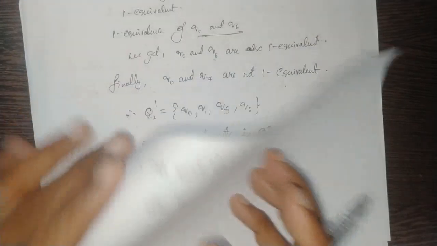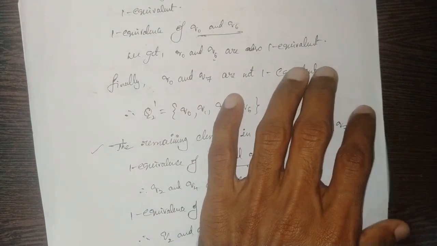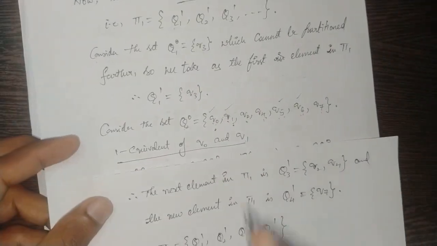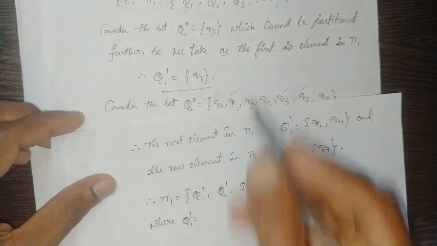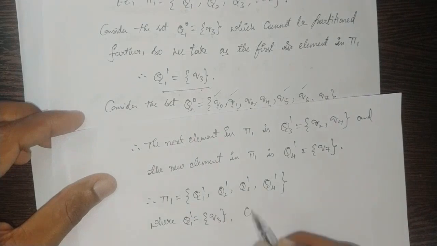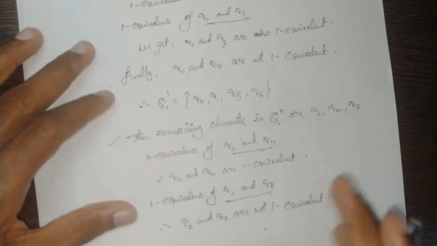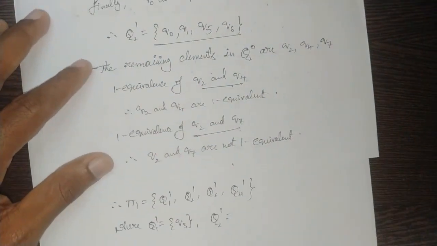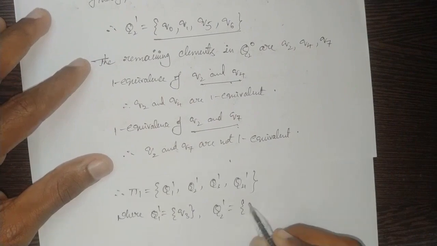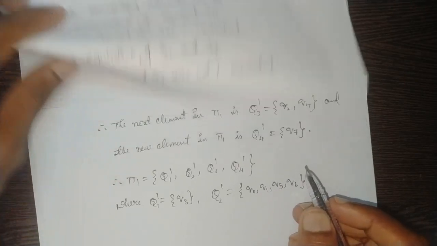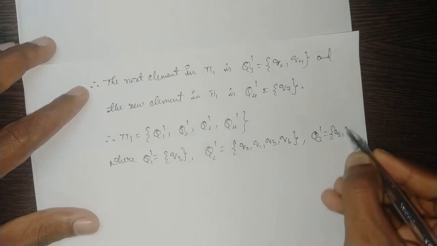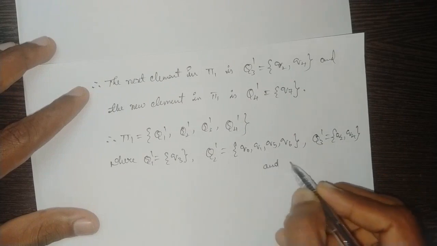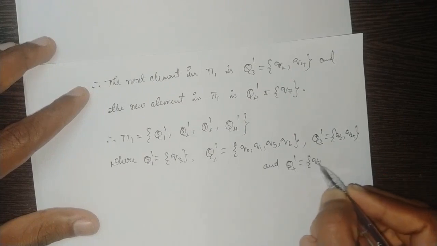Q1 dash is the singleton Q3, Q2 dash is the set Q0, Q1, Q5, Q6, Q3 dash is Q2, Q4, and Q4 dash is Q7.